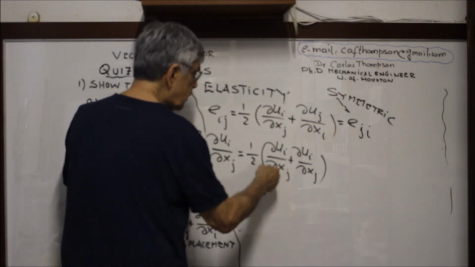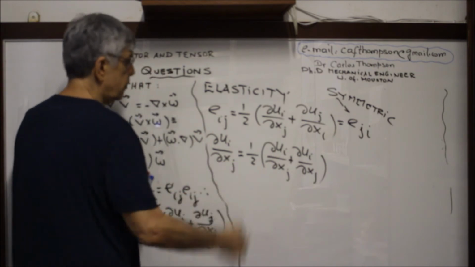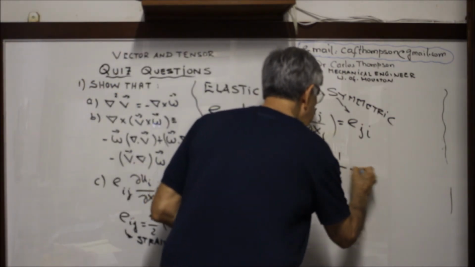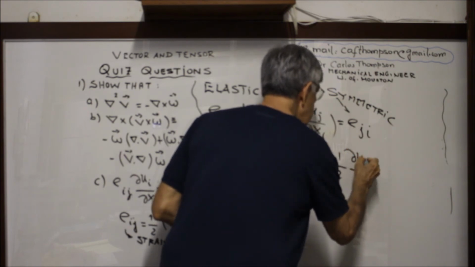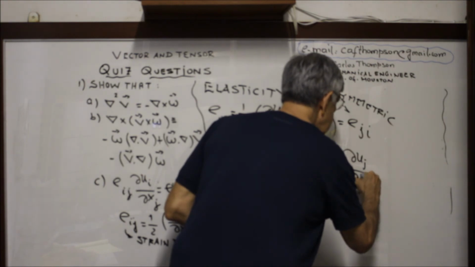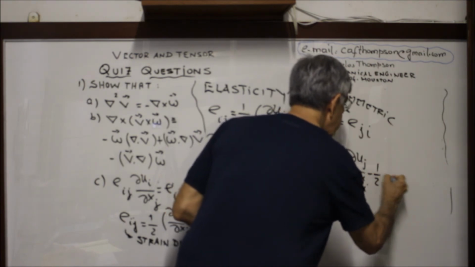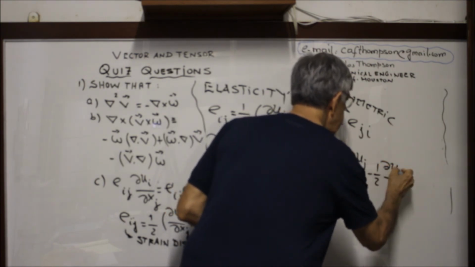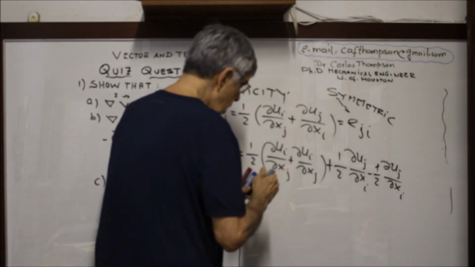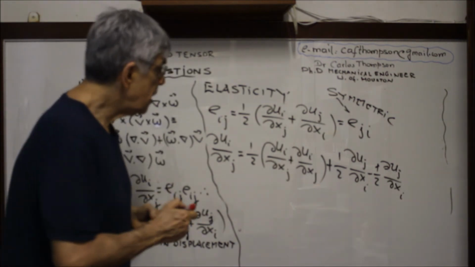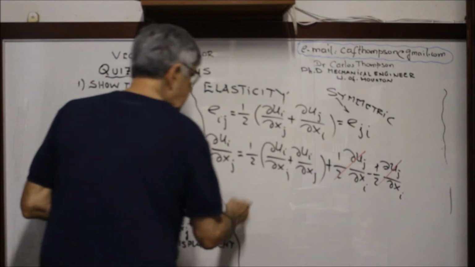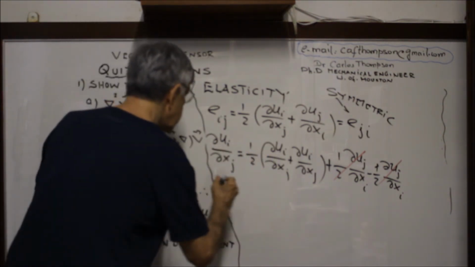This plus this is 2 times this. Cancel this 2, it gives me this. Now, I add 1/2 partial of uj with respect to xi minus 1/2 partial of uj with respect to xi. Now you see that these two here can cancel.